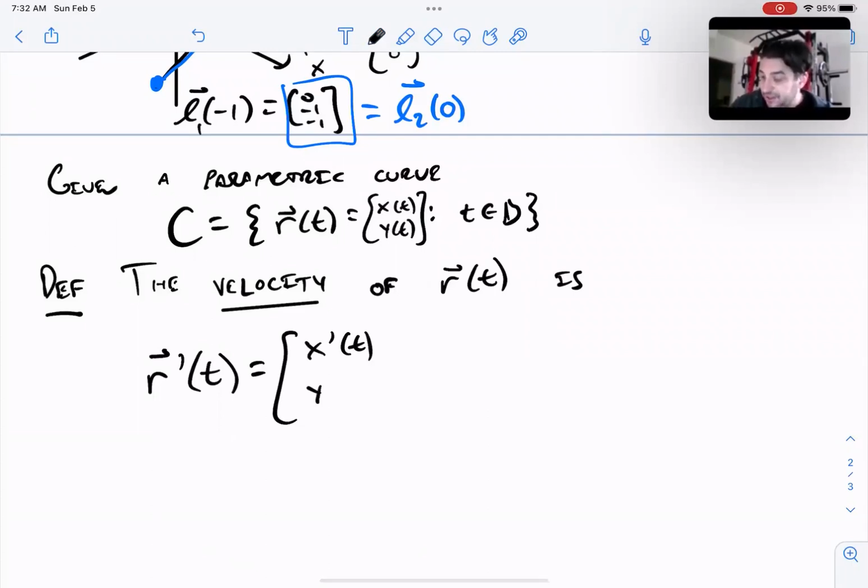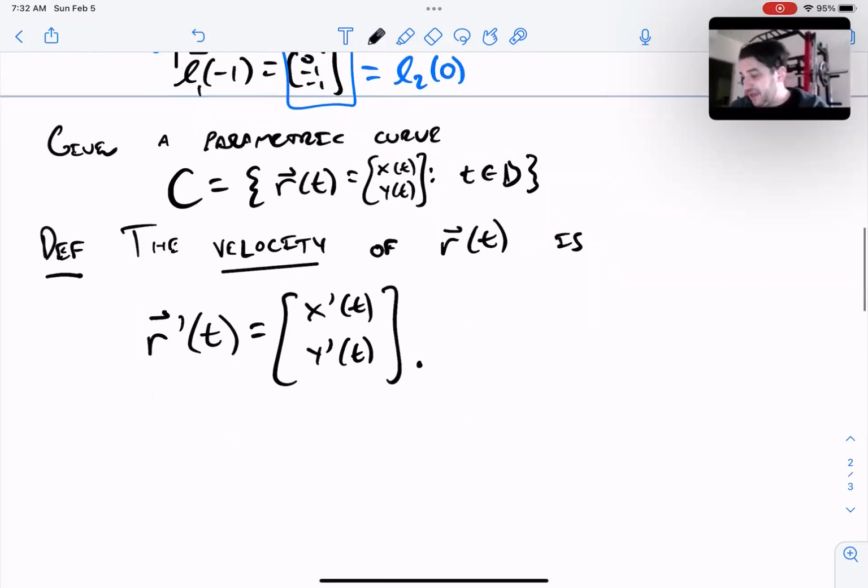You see whatever formula is in the x-coordinate and take its ordinary Calc 1 style derivative. See what formula is in the y component and take its ordinary Calc 1 style derivative. You're just measuring the rate of change on each component and then building a vector out of that. All right, so this is the velocity.